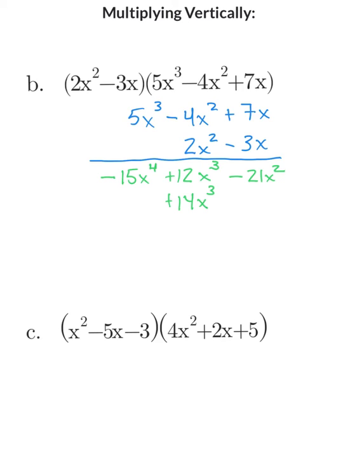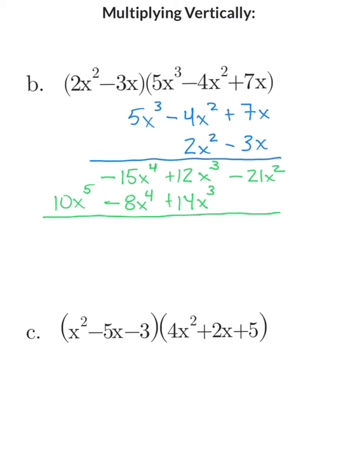I'm going to multiply my 2x squared times my negative 4x squared, giving me negative 8x to the fourth. And finally, I want to multiply 2x squared times 5x cubed, giving me 10x to the fifth.